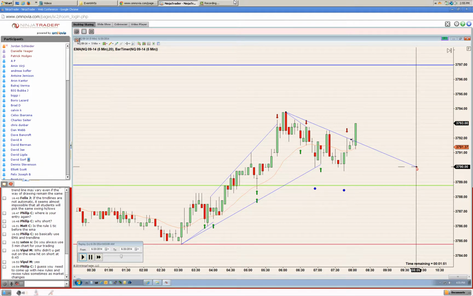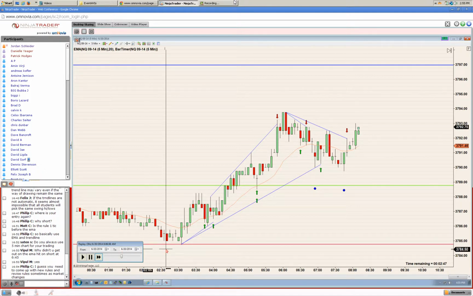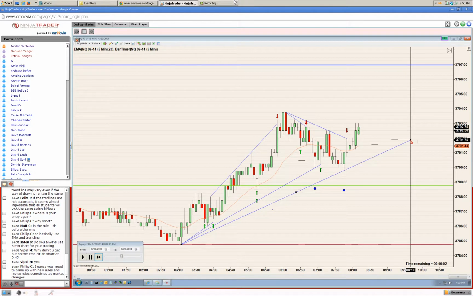Okay. And we're waiting for this trade to come to target. So let's speed it up a little bit. Let's see if I can pinpoint this near miss. Okay, I know where it is exactly. And we have another trend line coming up here.